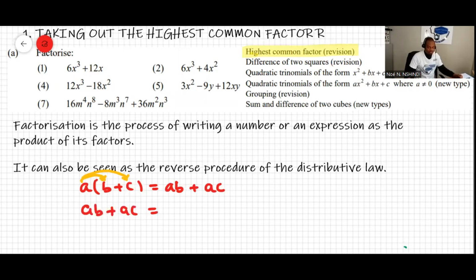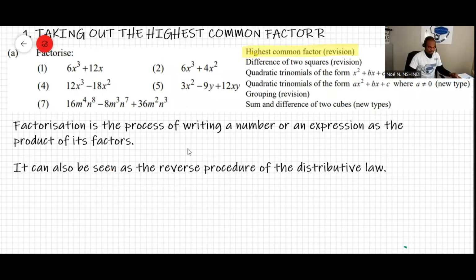We look at the common factor, it's A, and then we can take A as a common factor outside the brackets, and then write B plus C within the brackets. So we say that A and B plus C are factors of AB plus AC.